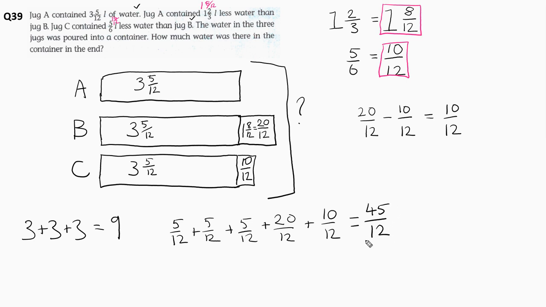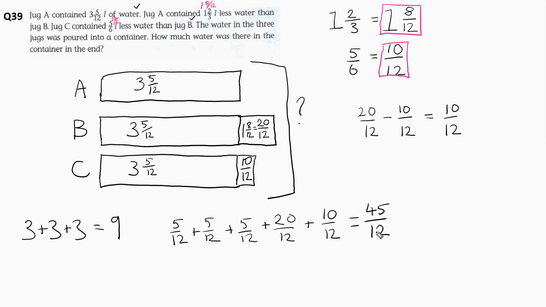Now this, we can see that the top number, the numerator, is bigger than the denominator, which means, well, we call this an improper fraction, but it also means that there are wholes within this. We need to change this back to a mixed number. So how many 12s are there in 45? And we have to think about our 12 times table.